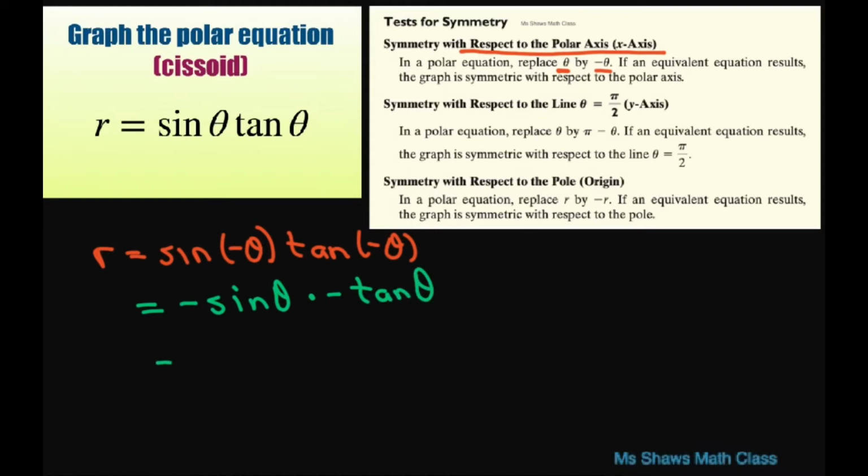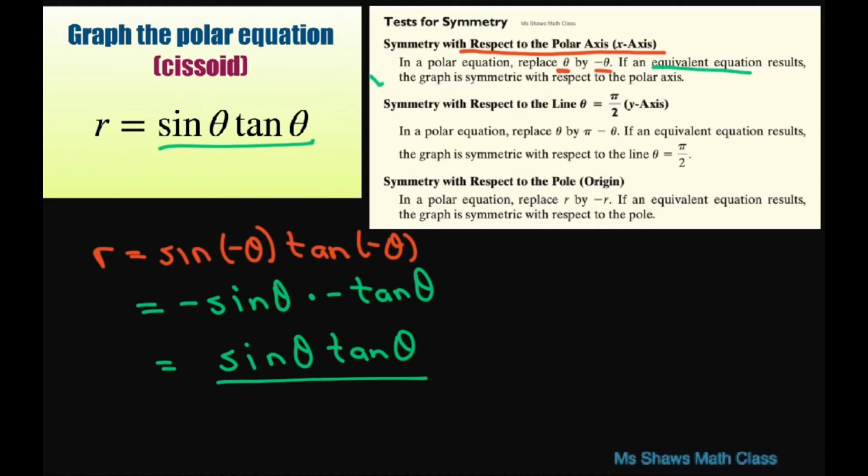Two negatives make a positive, so we get sine of theta times tan of theta. It is an equivalent equation. Since it's equivalent, our test passes and our graph is going to be symmetric to the polar axis, or the x-axis.